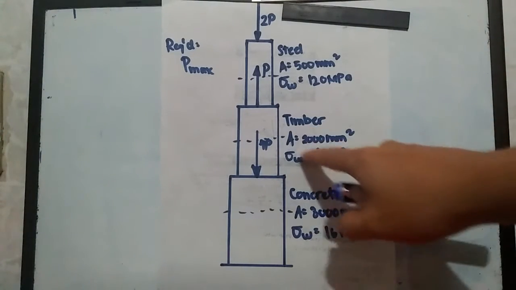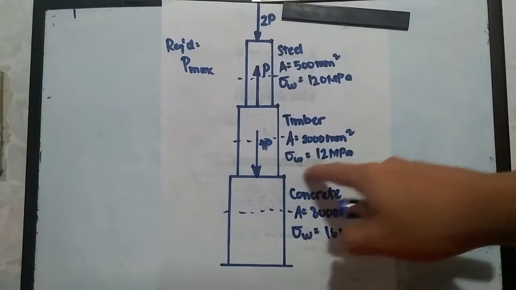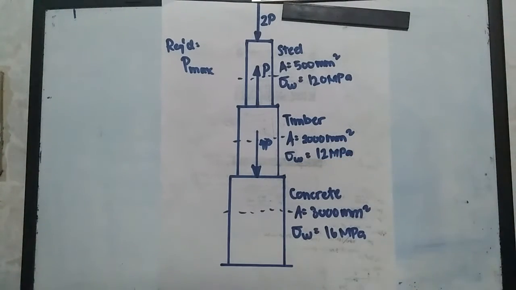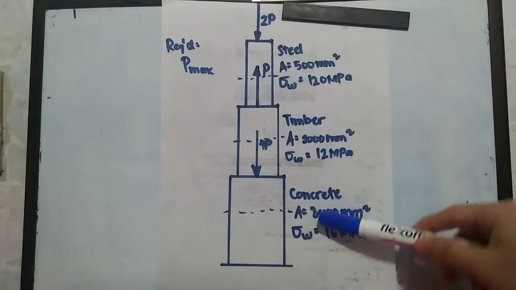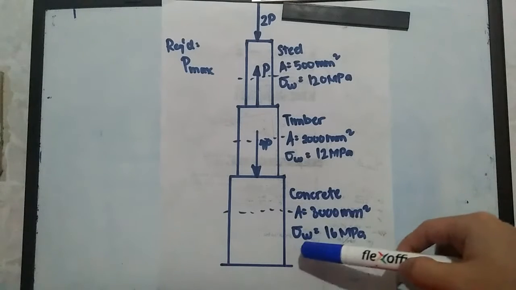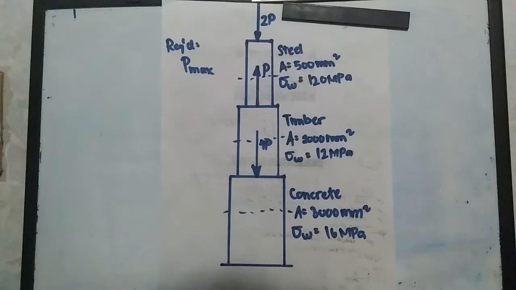For the timber, we have a cross-sectional area of 2,000 square millimeters and a maximum allowable stress equivalent to 12 megapascals. And for the concrete, we have 8,000 square millimeters of cross-sectional area and a maximum allowable stress equivalent to 16 megapascals.